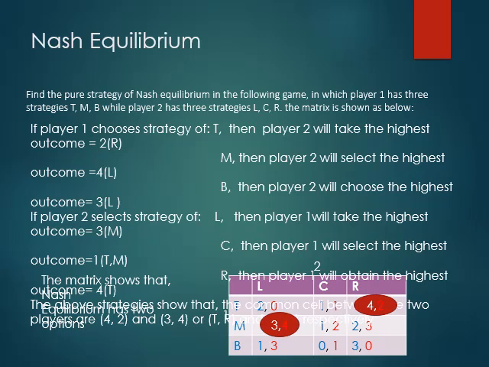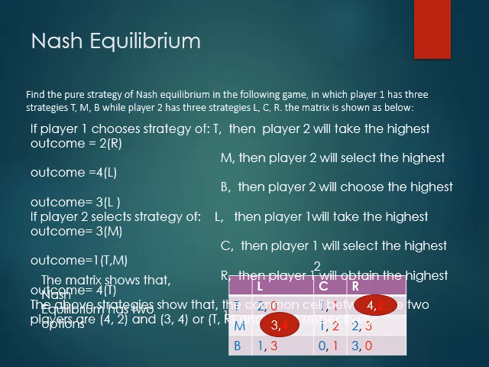The above strategies show that the common cells between the two players are 4, 2 and 3, 4. 4, 2 means a combination of strategy T and strategy R. The next combination is 3, 4.